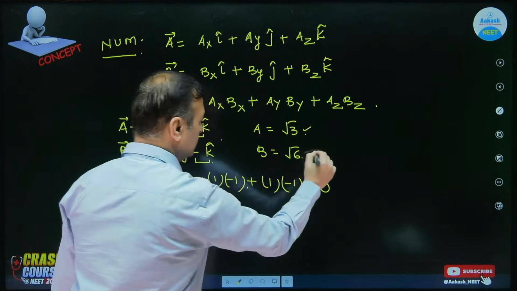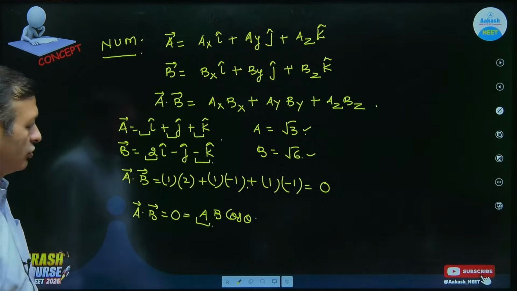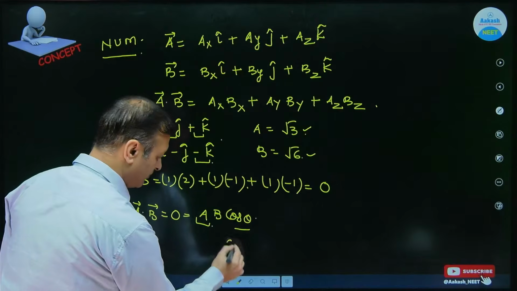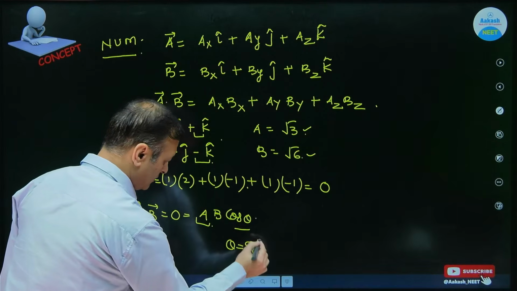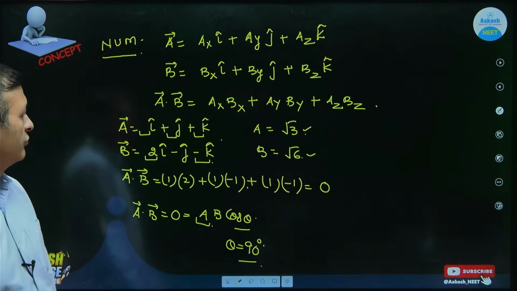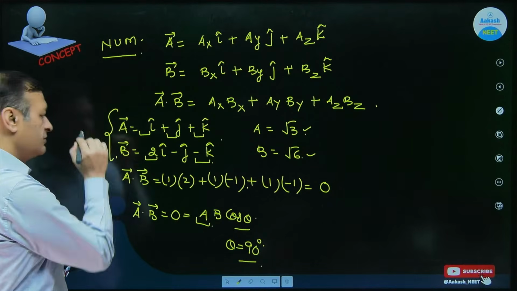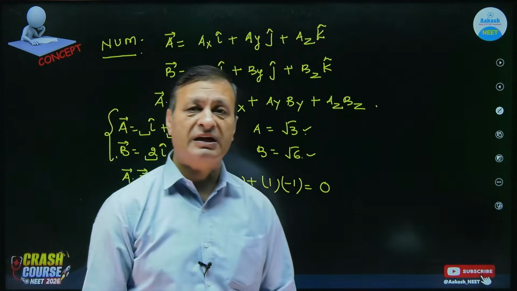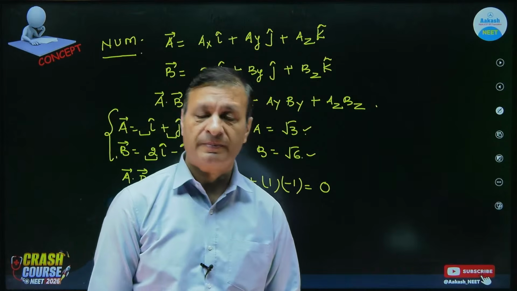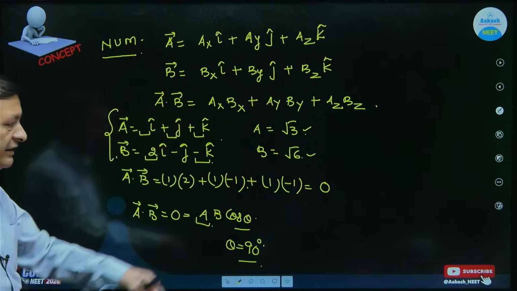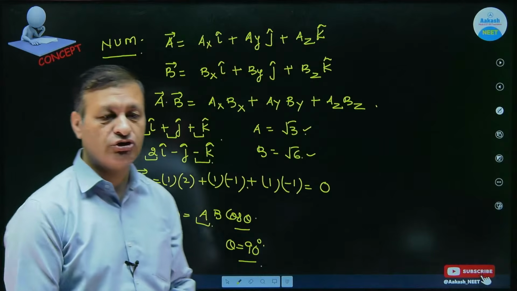So as you can see, A is non-zero, B is non-zero. So it's only cos theta, so theta is 90 degree. So it means for this pair of vectors, the angle between A and B is 90 degree. So they are perpendicular to each other.